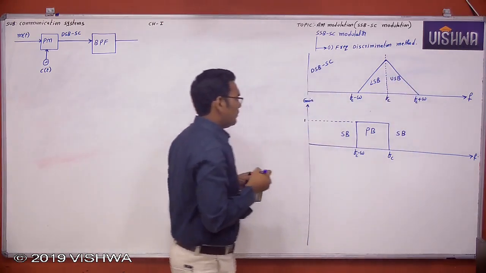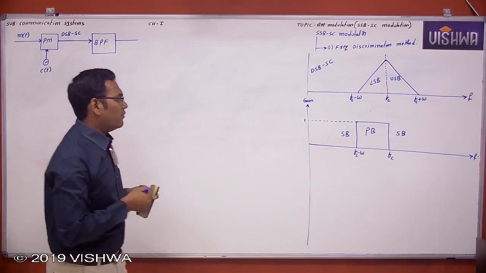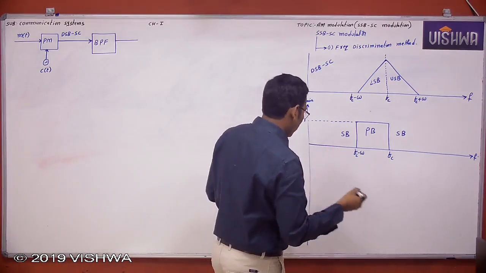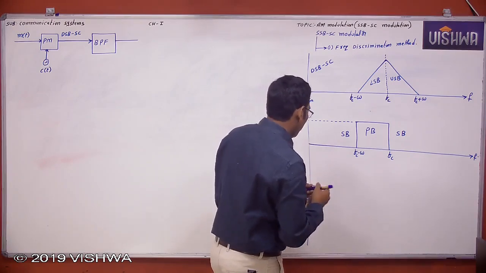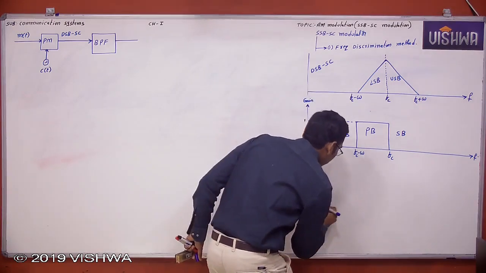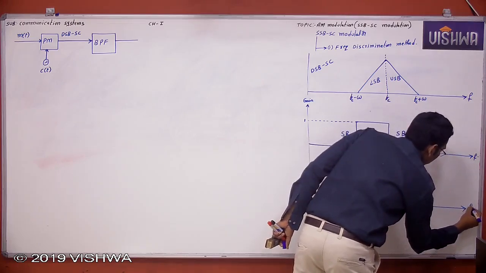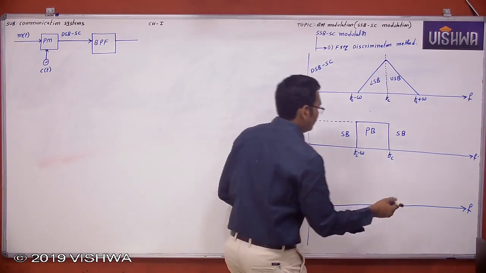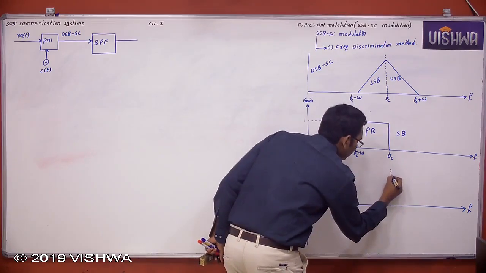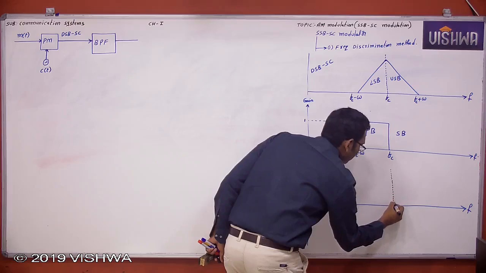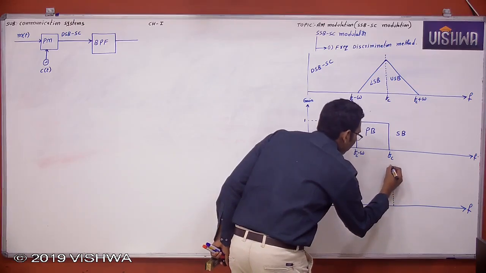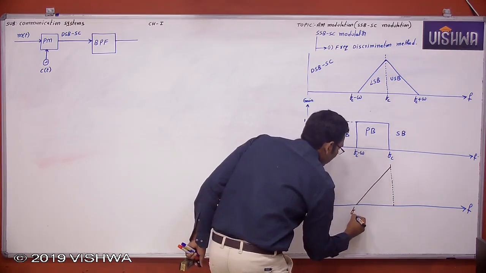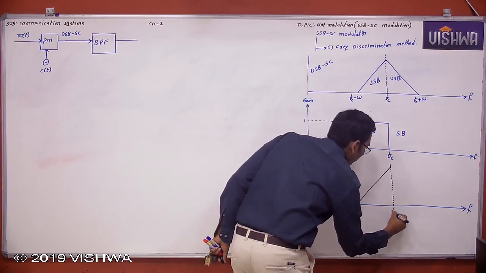So now the band pass filter will allow only the pass band of Fc minus omega to Fc. So the output of the band pass filter is the suppressed carrier with Fc minus omega to Fc.